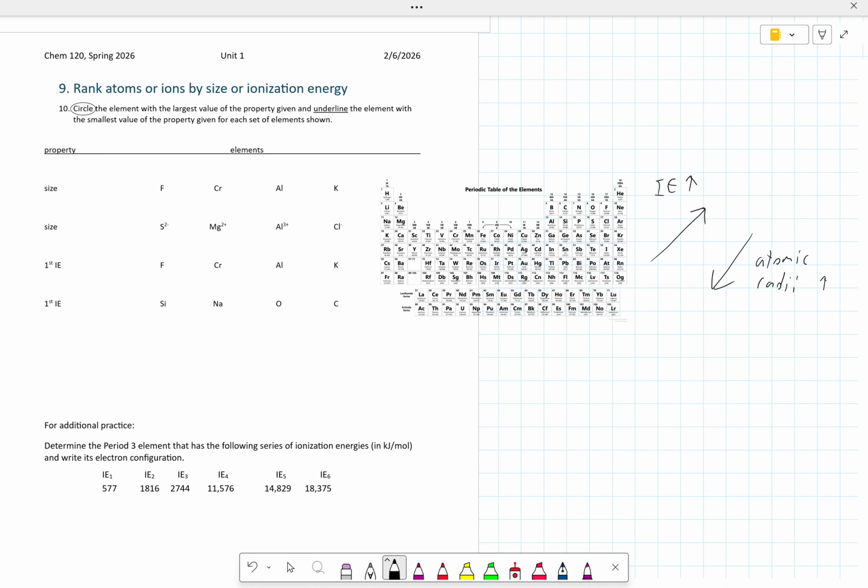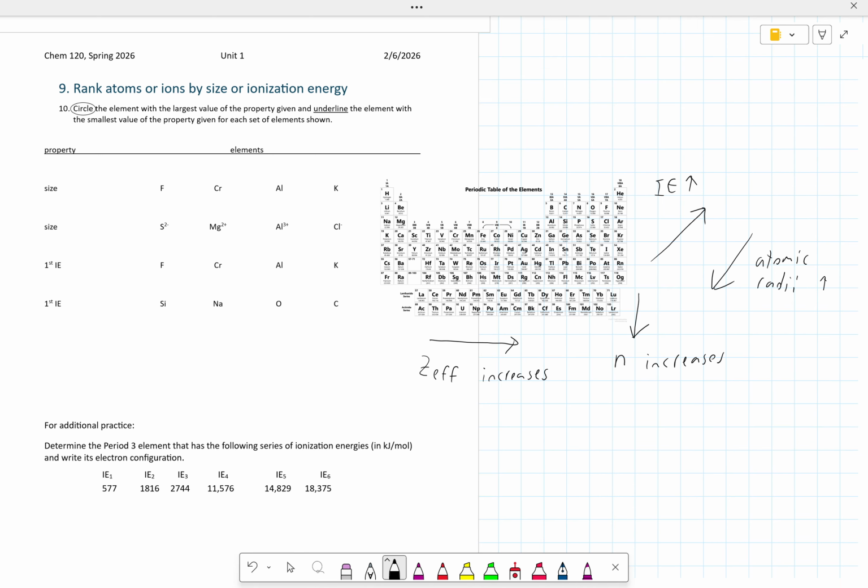And both of those are due to the combination of the fact that as I go down a group, my n increases. My electrons are further away from the nucleus and easier to remove, and the atoms themselves are larger due to that further distance. As I go from left to right across a period, remember what happens there is that Z effective increases.